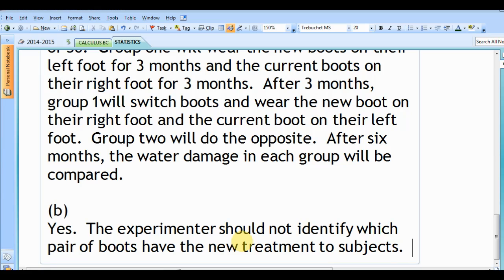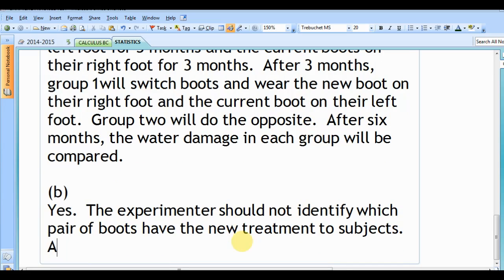Shouldn't the experimenter not know either which one is which? So what do we need to do for the double blind? Also, the experimenter does not know which subject has which boot. How's that going to work? Number them and keep the number. That's good.